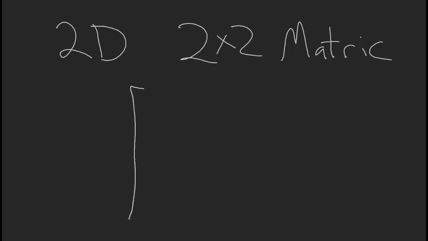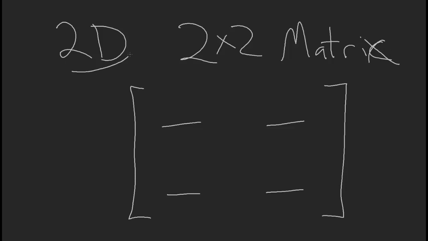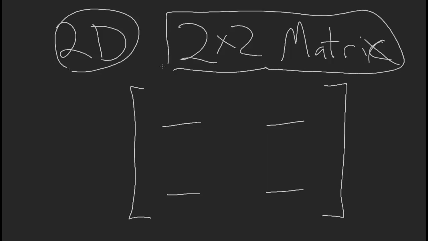Okay, so I use square brackets for matrix, and there's going to be 4 entries into this matrix. Here, here, here, and here. Okay, that should be an X matrix. So complex numbers are two-dimensional numbers, and in order to represent them completely and unambiguously, you need to put them into a 2 by 2 matrix.